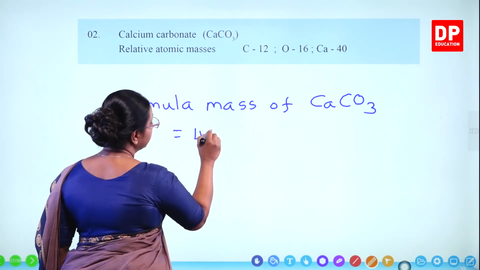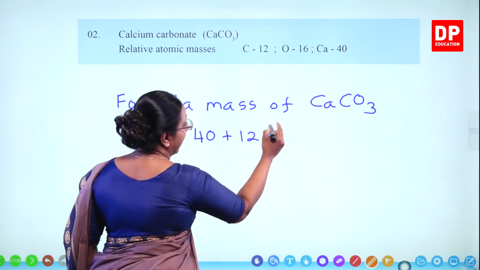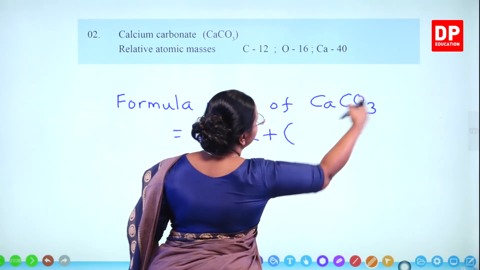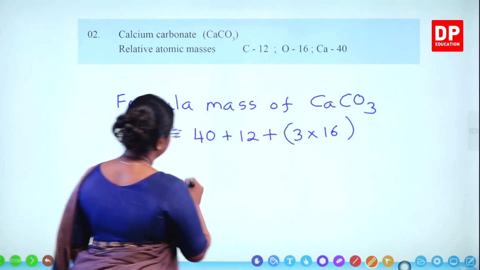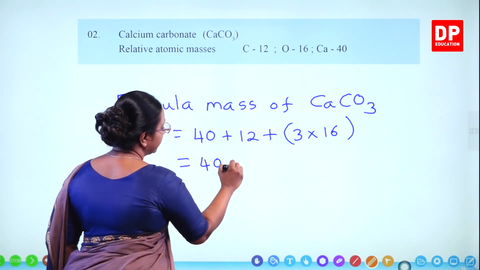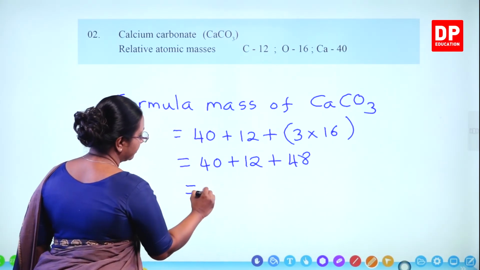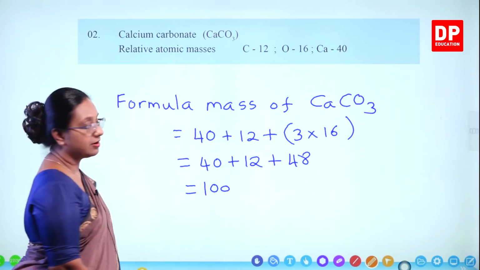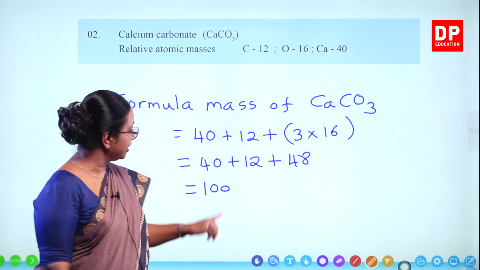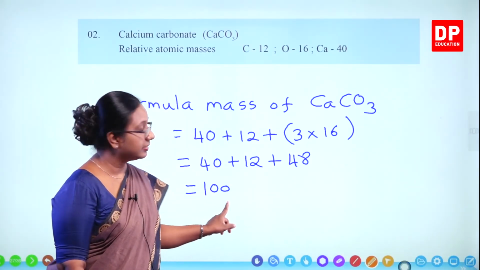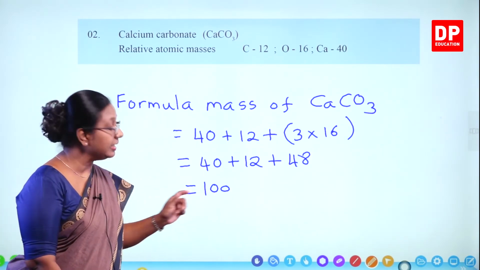So calcium 40 plus carbon 12, and there are 3 oxygens, so 3 times 16, which is 48. 40 plus 12 plus 48. So when you add them together, the relative formula mass of calcium carbonate is 100.